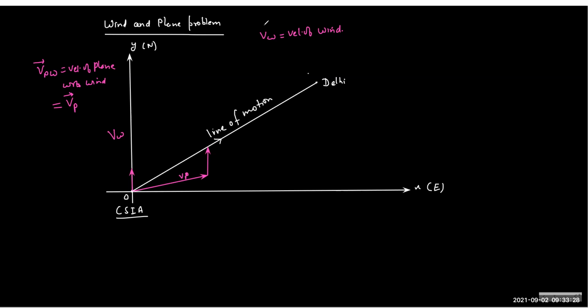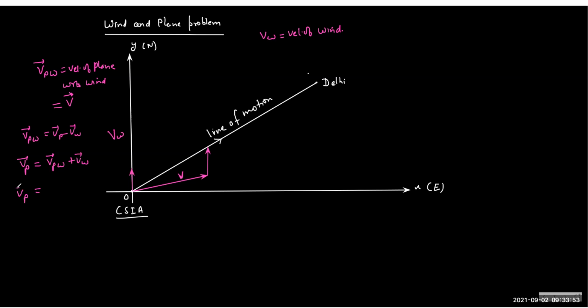So let's only call it V, so that we don't get confused. This is V, not VPW, because VPW we can write as VP minus VW. So the velocity of plane in the ground frame will be VPW plus VW.